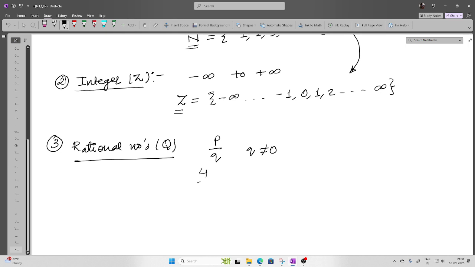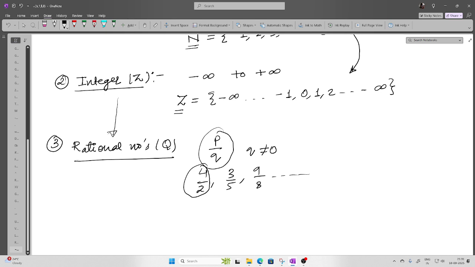So all the numbers, let's say 4 by 2, 3 by 5, 9 by 8, they all are rational numbers because they are represented as this, and the denominator is not 0. So if you watch this closely, then you will be able to see such types of numbers as well. And they are nothing but whole numbers. They are coming out to be whole numbers if you solve them. So therefore, we can say that the integers are inside the rational numbers.